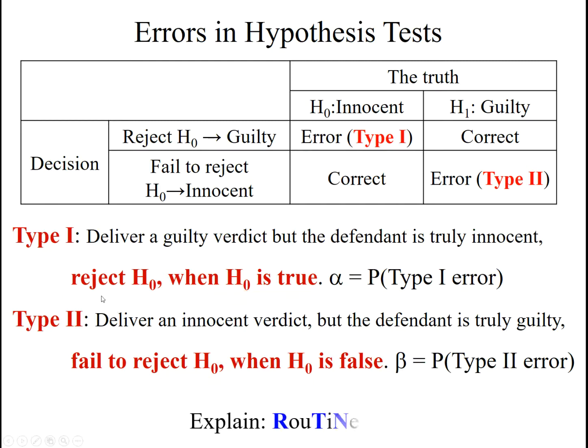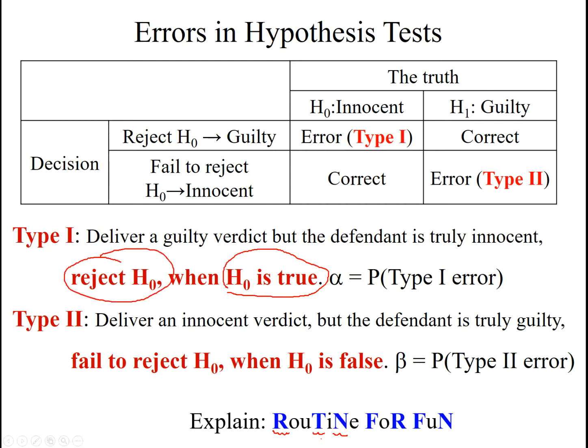Okay. Now the book has a pretty good phrase to help you memorize type 1 and type 2. Type 1 says "reject true null." That means the null is true, and you're rejecting it.